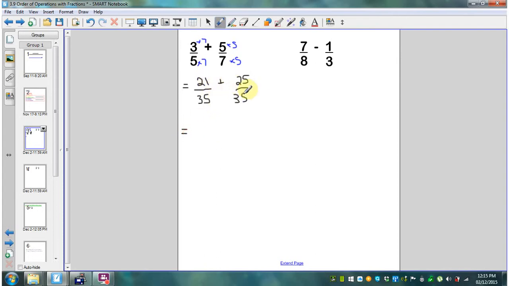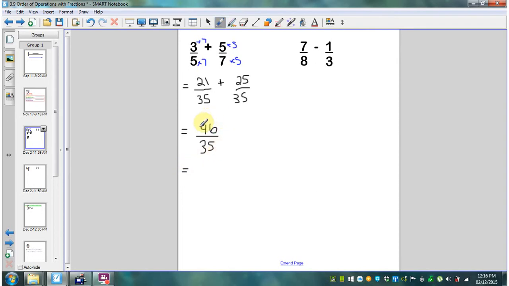Okay, so then when you're adding fractions, the rule is you add top plus top and you keep your denominator. So keep our denominator 35. 21 plus 25 is 46. And then we simplify from there.